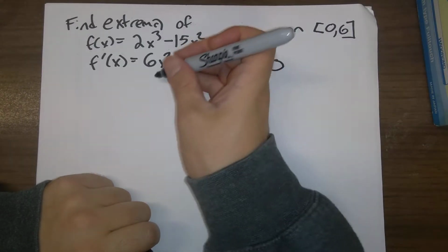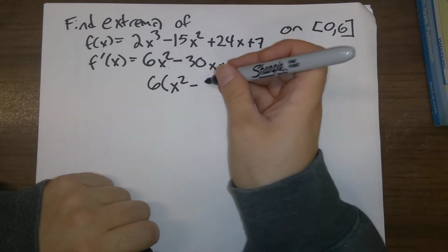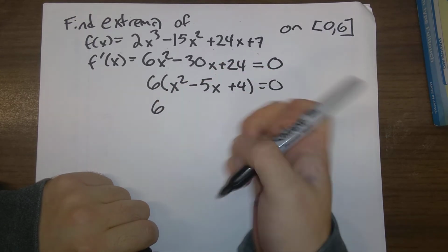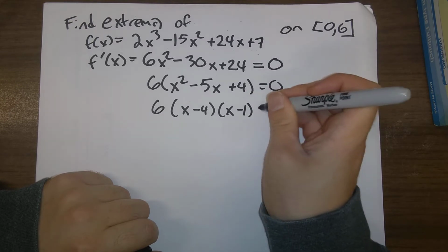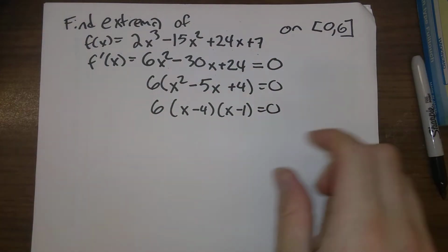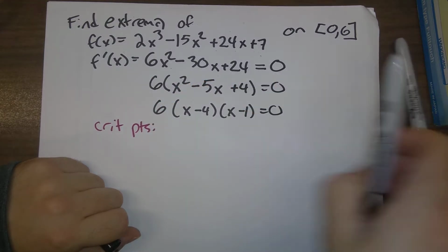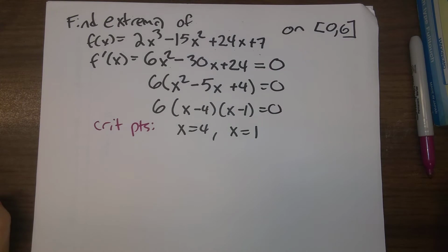The coefficients here are all multiples of 6. This factors as 6 times (x - 4) times (x - 1). And so we see that we have two critical points: x = 4 and x = 1 are our critical points.